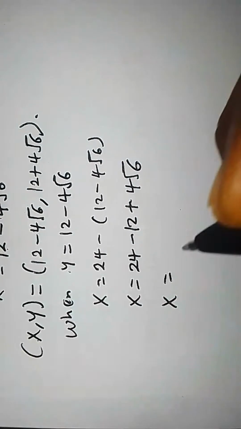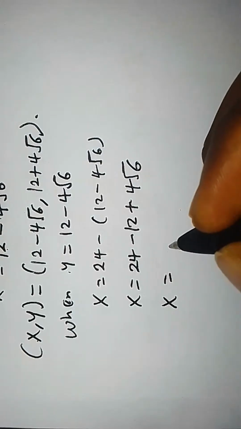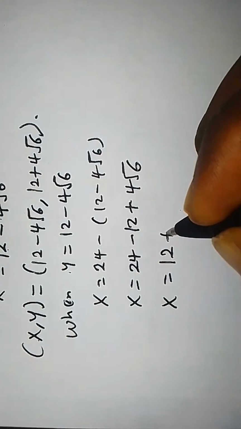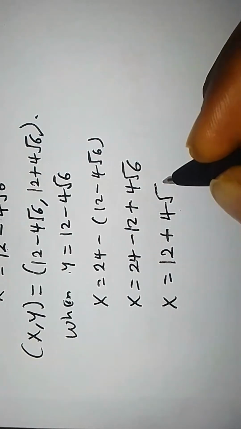Clearly, x equal to 24 minus 12, that is 12, plus 4 root 6.